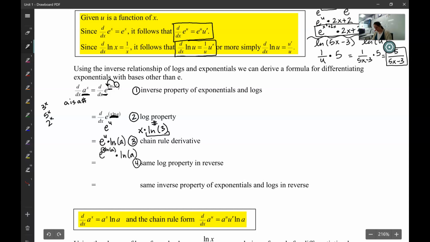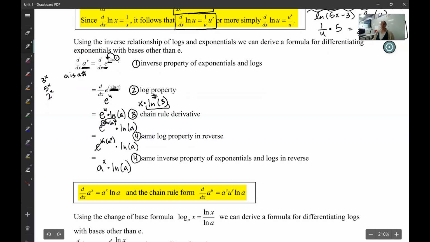So I'm going to take that x in front and move it up again. So I'm going to have e to the ln of a to the x times ln of a. And then, step 5, I cancel out my e and my ln, so I get a to the x times ln of a. And that's our derivative rule for when the base of the exponential is not e.